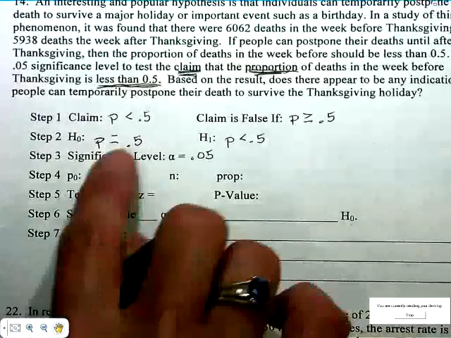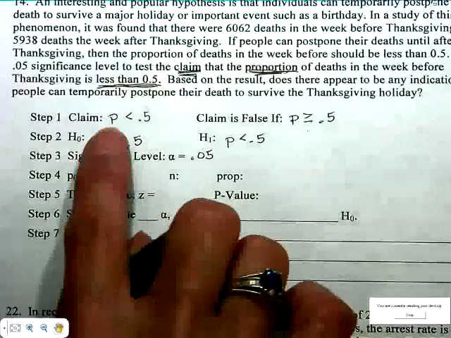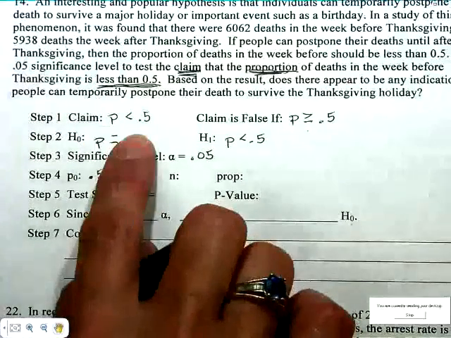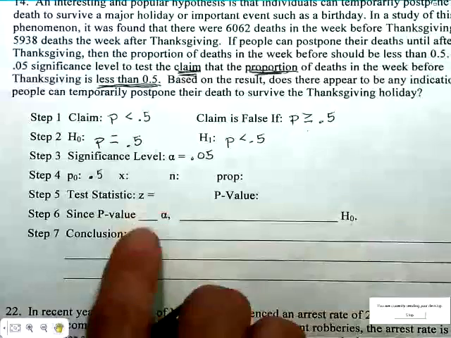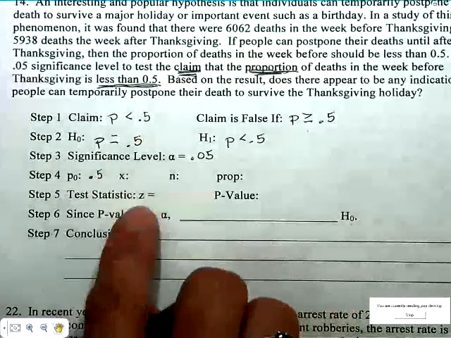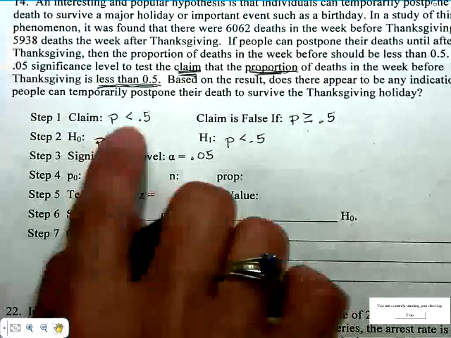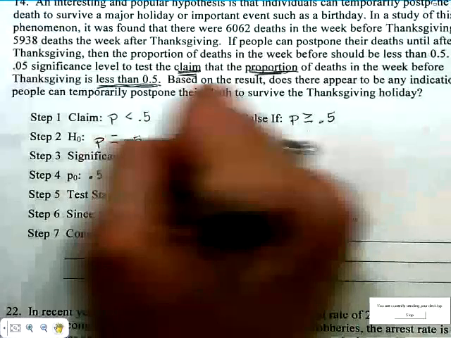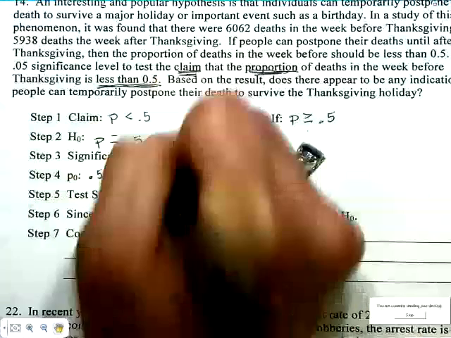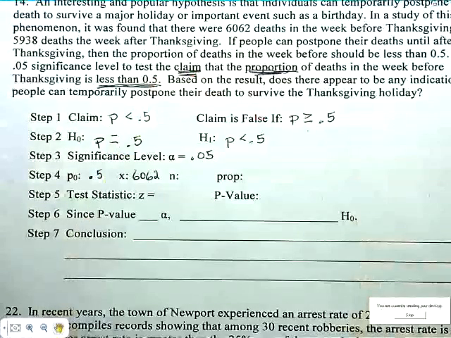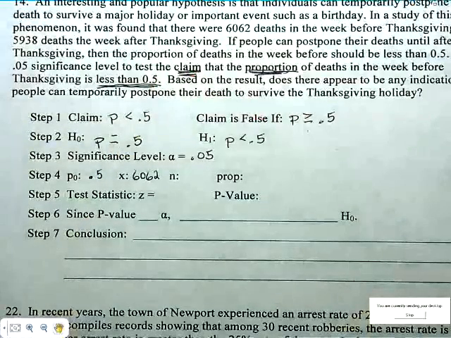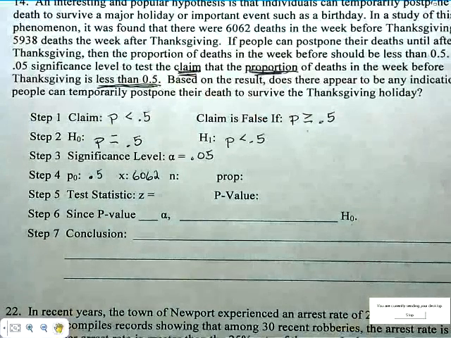Well, our claim, P, is about the proportion who died before Thanksgiving. So our X has to be the number who died before Thanksgiving. Does that make sense? Yeah, 6062. If your claim is about the percentage who died before Thanksgiving, then X has to be the number who died before Thanksgiving. And what is N? The total, not the number after Thanksgiving, but N is always the total.